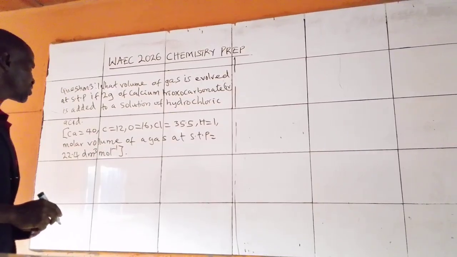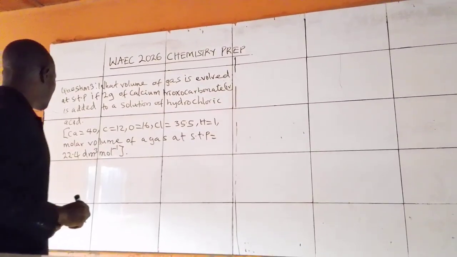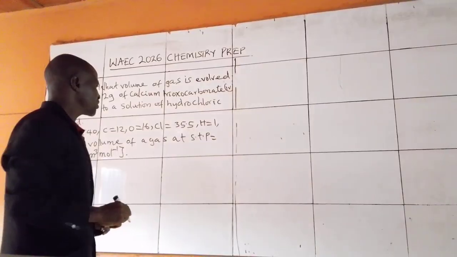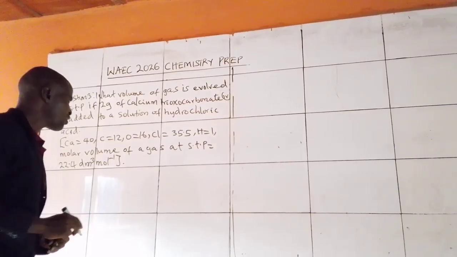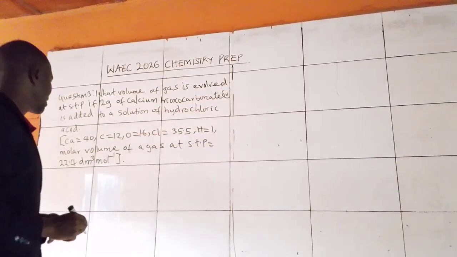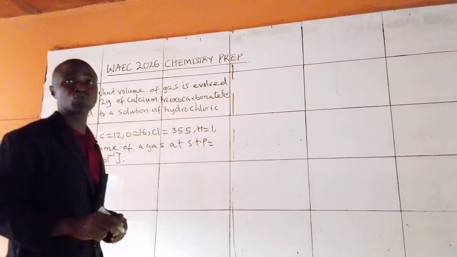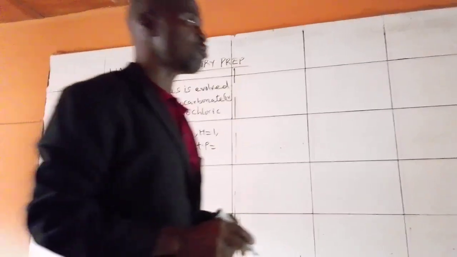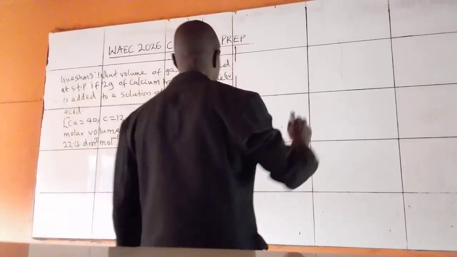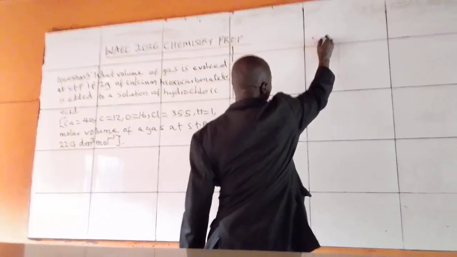Atomic mass of chlorine is 35.5. The hydrogen atomic mass is 1. Then the molar volume of a gas at STP is given as 22.4 dm³ per mole. Now this is the solution.